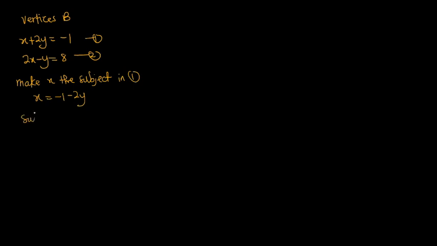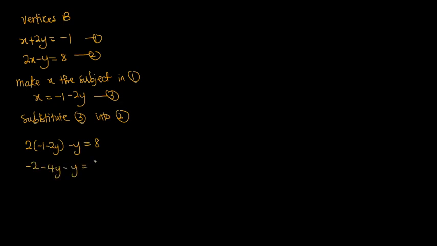So, let me make this equation 3. Substitute equation 3 into equation 2, I'll get 2 into bracket -1 minus 2y, minus y is equal to 8. If I multiply by 2, I get -2 minus 4y minus y equals 8.